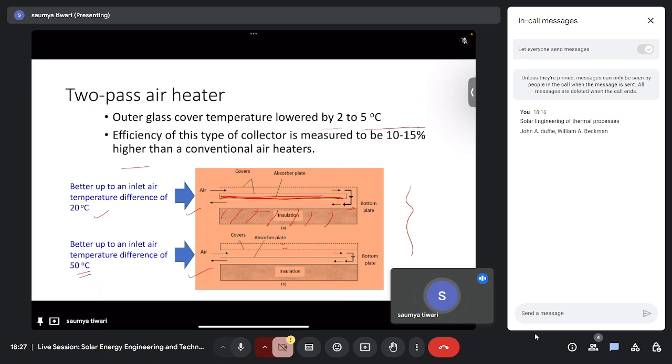Now the airflow is such that you first flow the air between the cover and your absorber plate, so that the cover temperature, which sometimes increases, does not overheat. Because the higher the cover temperature, the higher the losses to the atmosphere, right? Because T_c is the temperature of the cover and T_a is the ambient temperature; the higher this temperature, the more the losses.